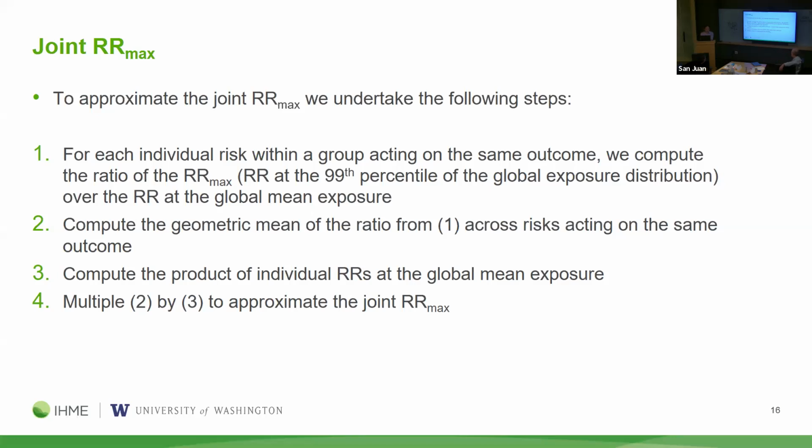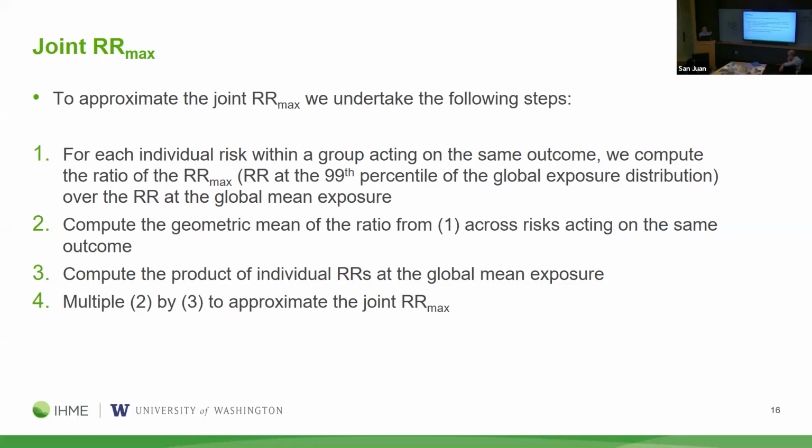Okay, now to get the joint maximum relative risk, we can't simply take the product of the individual maximum relative risks, because that is going to represent a point on the joint risk distribution that is above the 99th percentile. It would represent a very small number of people if you have 10 risks. So to approximate what the 99th percentile of the joint risk distribution is, we go through the following steps.